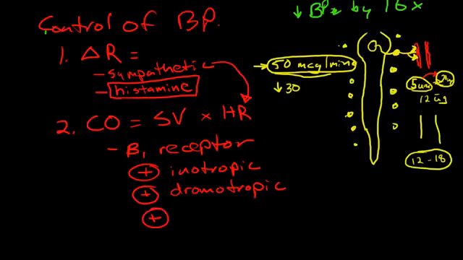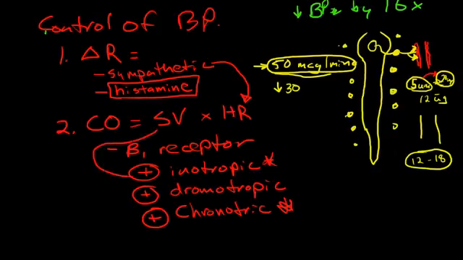and a positive chronotropic response. These two, inotropic and chronotropic, are going to have the most dramatic effect. The inotropic response increases stroke volume by having a more forceful contraction, so you go from an EF of 65% to an EF of 80%. A positive chronotropic response increases heart rate, and both work together to increase cardiac output.